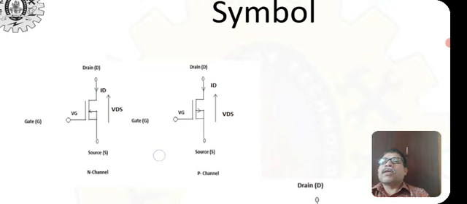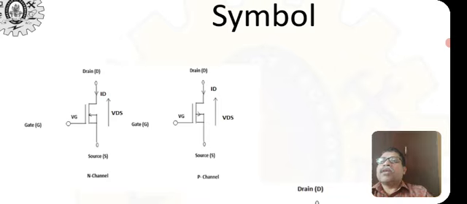The arrow mark at the gate decides whether it is an N channel or a P channel. For an N channel, the arrow mark will be inside, towards the gate, whereas for a P channel, the arrow mark, the direction of current, is away from the gate. The VDS represents the drain to source voltage.